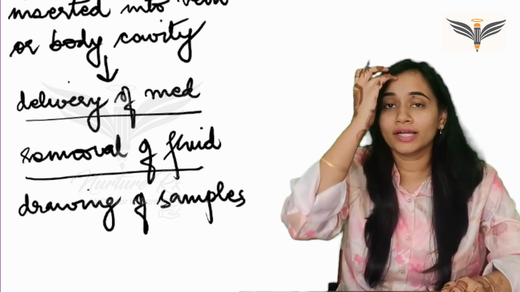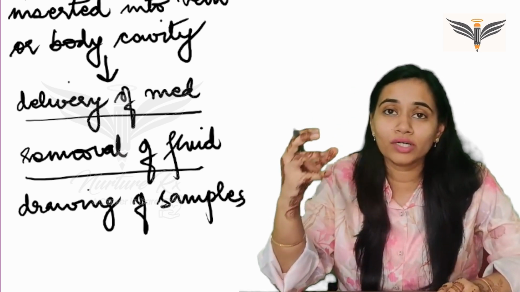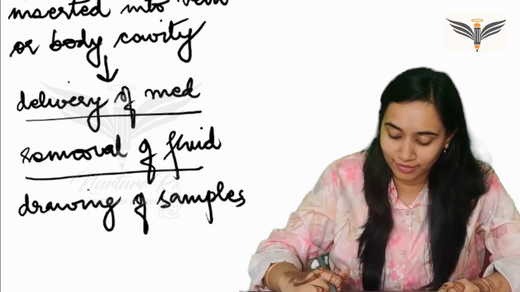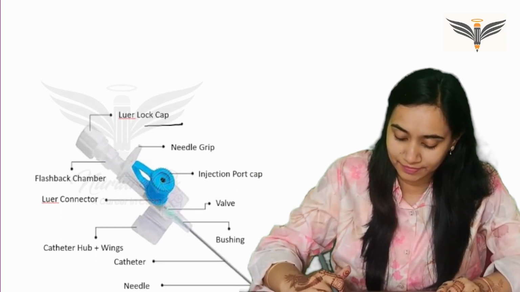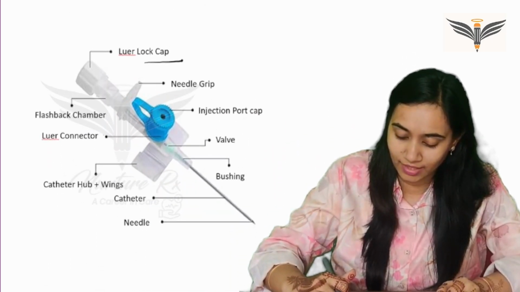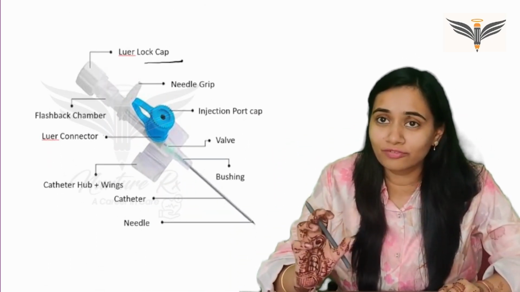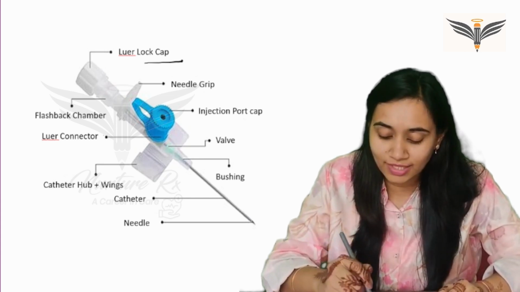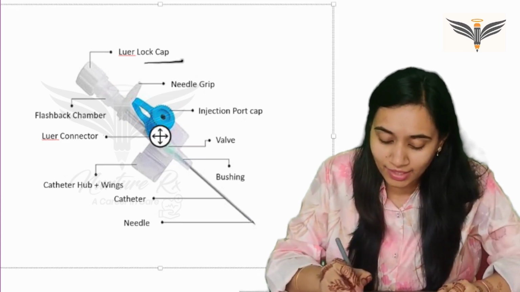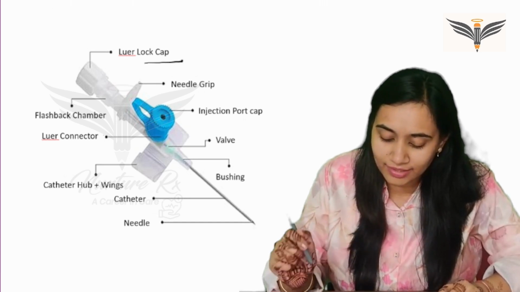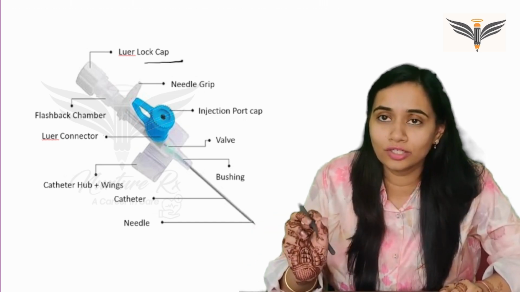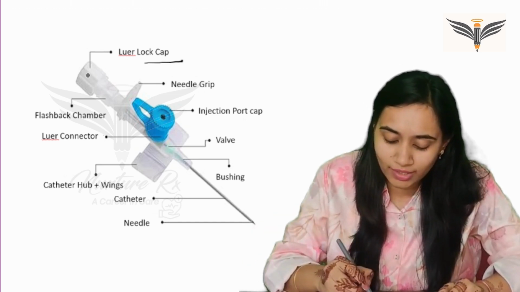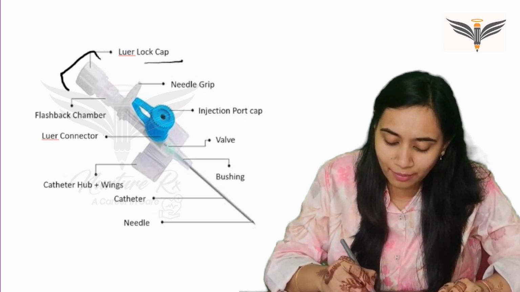So now we know what a cannula is. Let's see what are the parts of a cannula. You can see a picture of a cannula here with all its parts labeled. Let's start with the most distal part. This is a luer lock cap. What does this luer lock cap do?